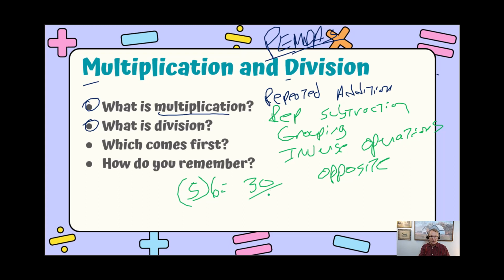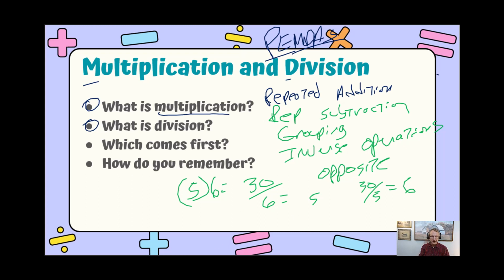If you did 30 divided by 6, you got 5. If you did 30 divided by 5, you have 6. So multiplication and division, they can undo each other, which is very important. It's critical when we start solving equations, because solving equations is about doing PEMDAS backwards or using inverse operations.